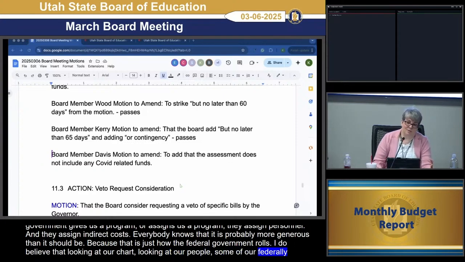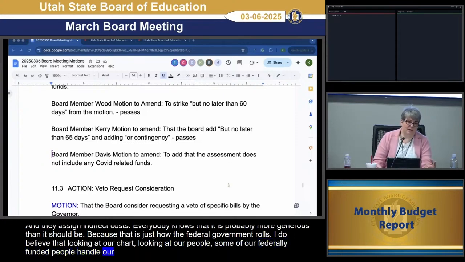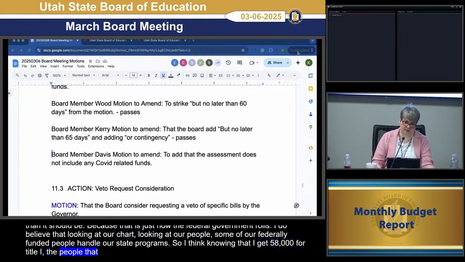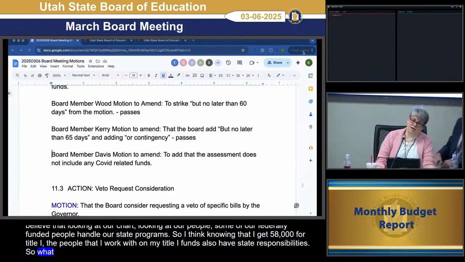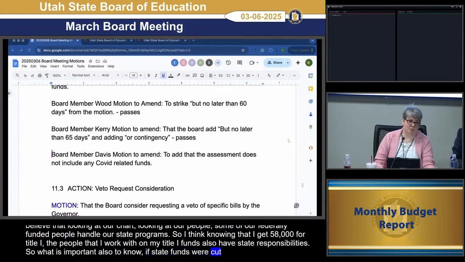So I think knowing that I get $58,000 for Title I, the people that I work with on my Title I funds also have some state responsibilities. So what's important also to know is if state funds were cut or federal funds were cut, it's going to impact our state operations.